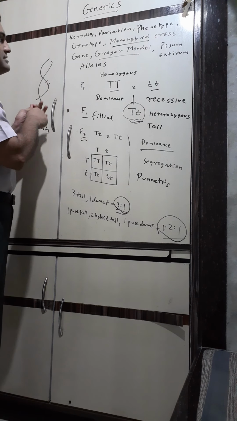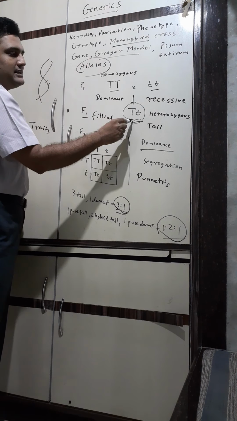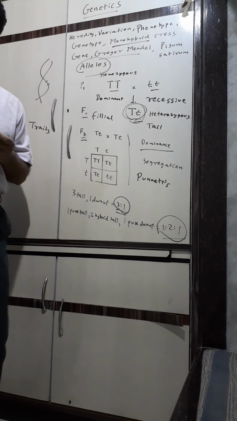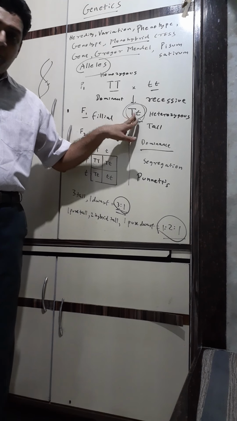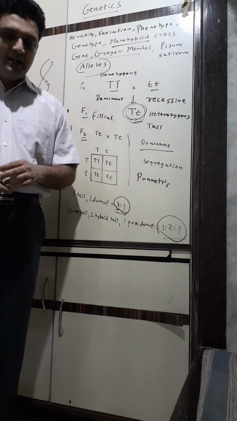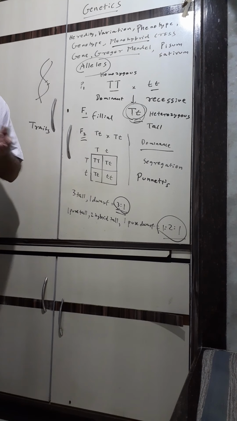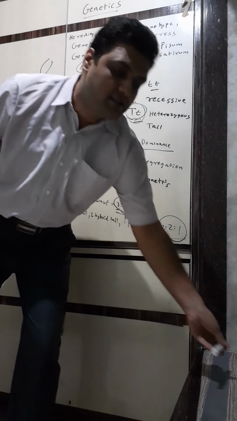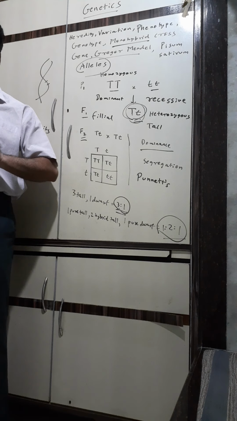Now, what are alleles? Look at these. There are opposite genes. When I say opposite characters, they are traits. When there are opposite or contrasting genes, they are called alleles. Children, this is a very important definition in the exam.